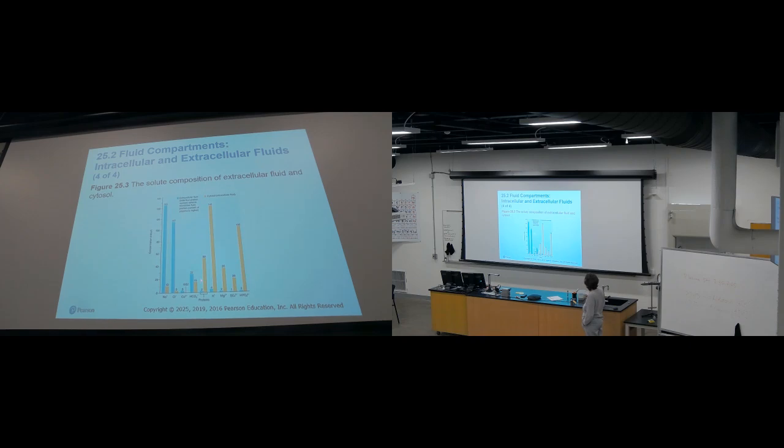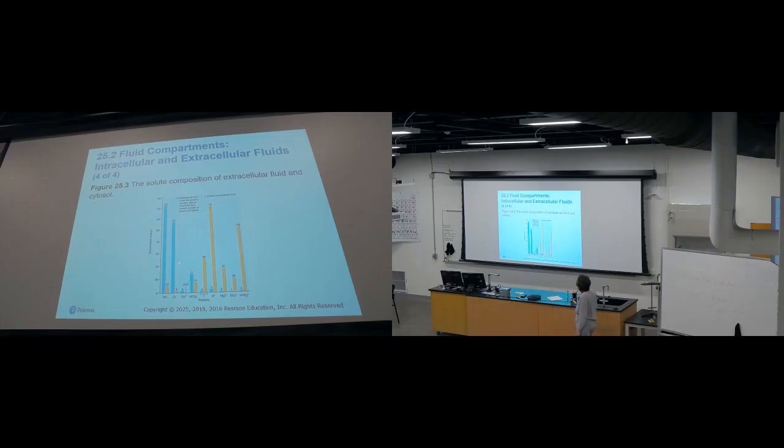So if you compare sodium, you have in this graph, guys, these units here on the y-axis are what we call milliequivalents per liter. So for sodium, we have 145 milliequivalents extracellularly. Intracellular, we have 10. So we have 14 times more sodium outside the cells than inside.